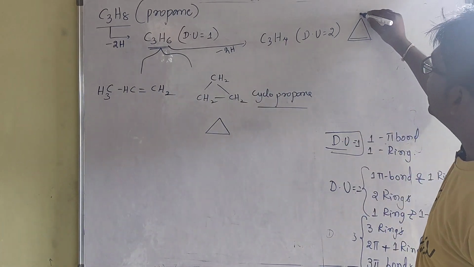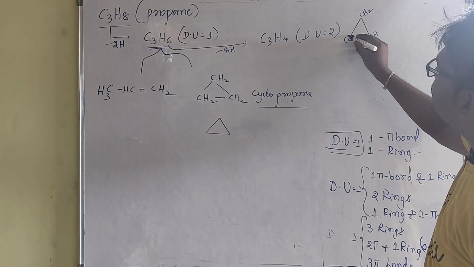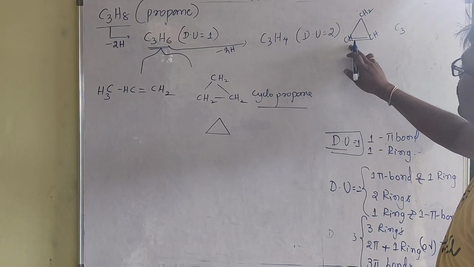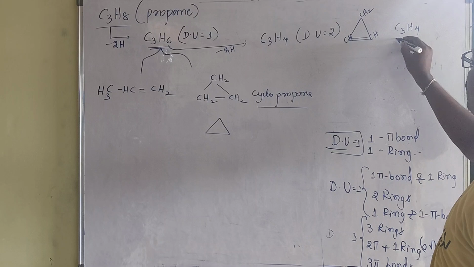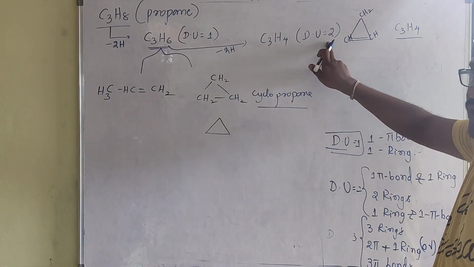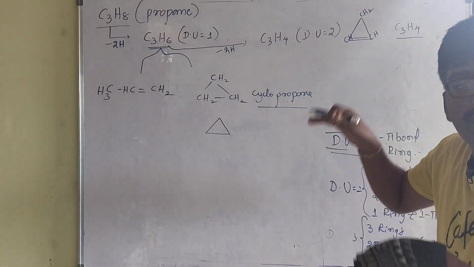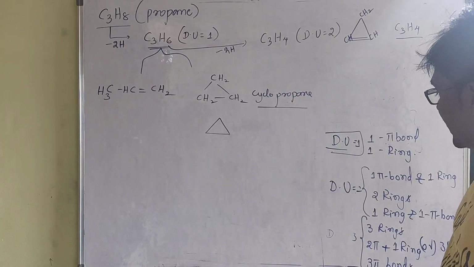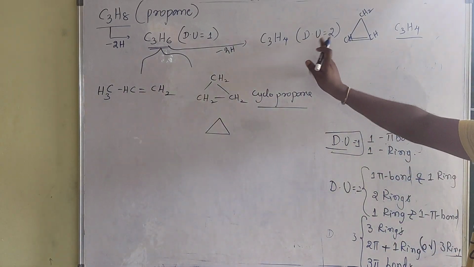How is it? CH2 here, CH here, CH here, then 3 carbons. How many hydrogens? 1, 2, 3, 4. So degree of unsaturation is 2. Ring is possible, and inside the ring a pi bond is also possible, my dear students, right? Otherwise, 2 rings are not possible in C3H4.